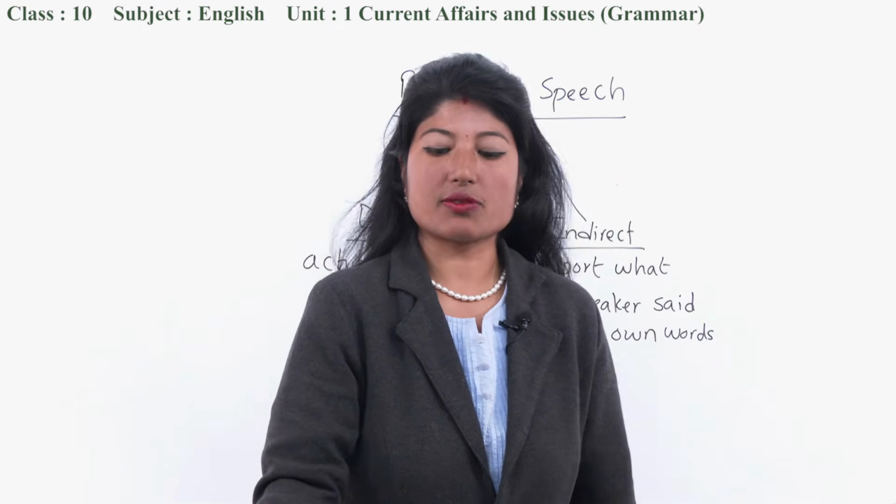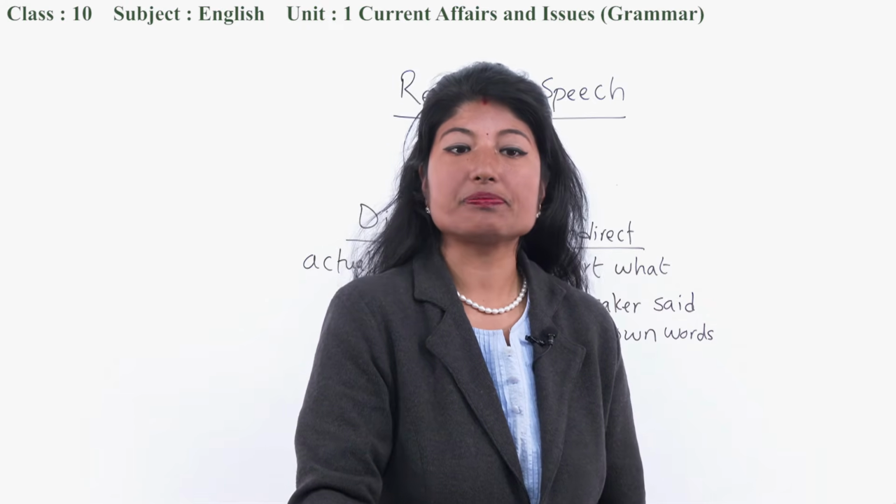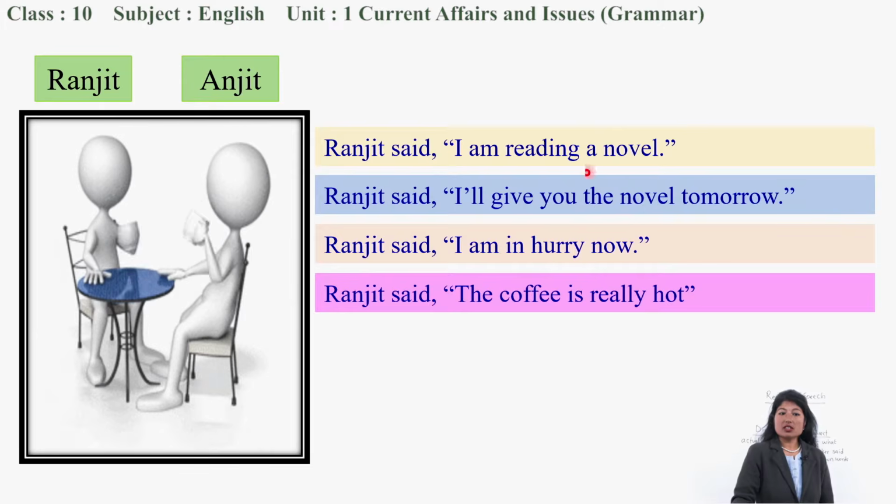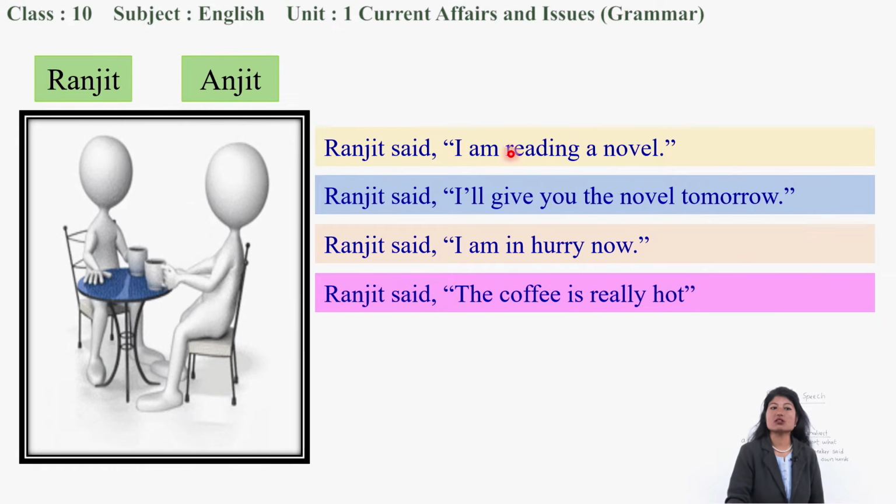Look at the slide once again, the same slide. Whatever Ranjit said, if it has been expressed using a comma and inverted commas, this is the direct one. These are exactly the same words Ranjit expressed. These four statements are direct speech, the exact words of Ranjit.